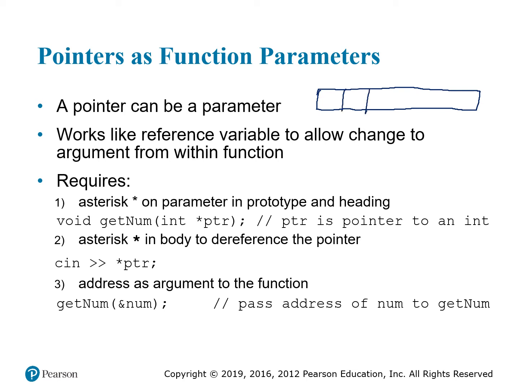So if we had a value here, 32, at memory address, let's see, 0001, 0002, 0003.